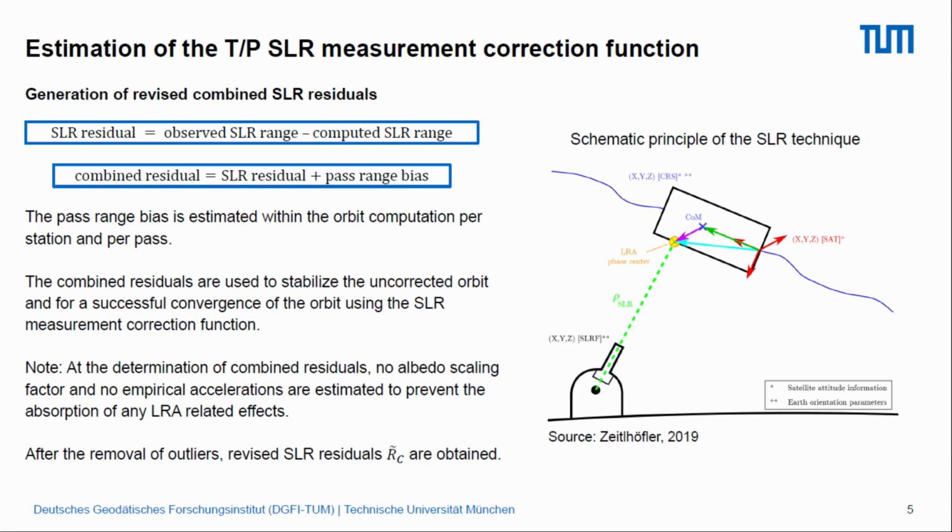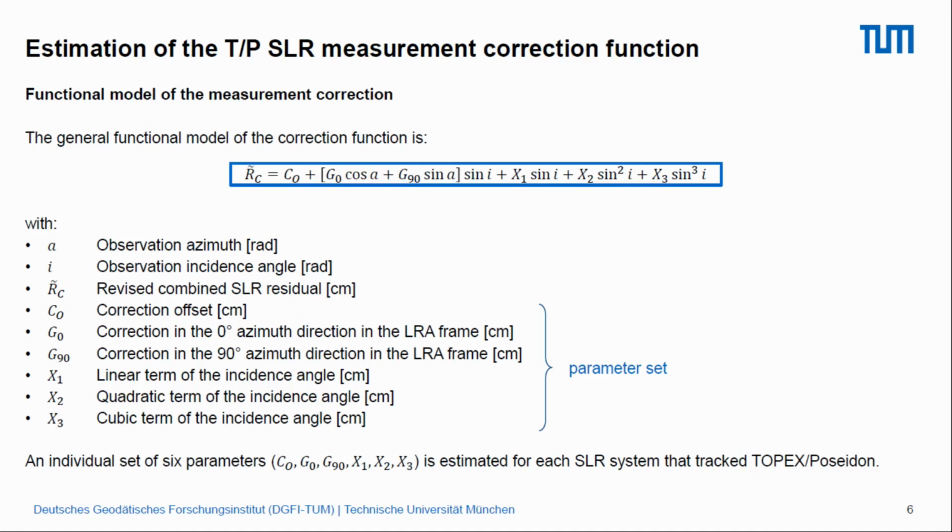After removing some outliers from the raw data, we get the revised SLR residuals. These are then used in the main correction function. This is the basis function where I estimated the parameters, and the function which is then used to correct the raw normal point SLR observations.